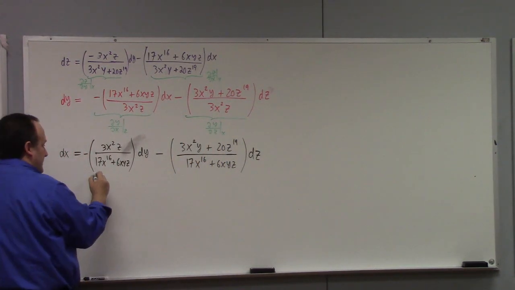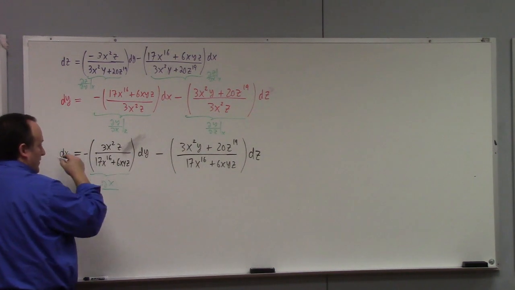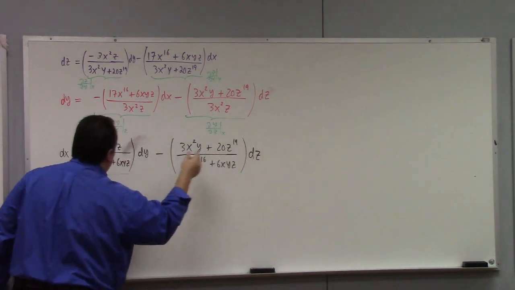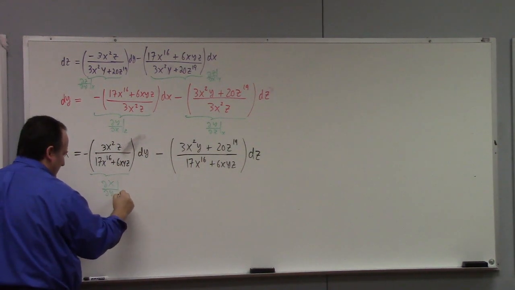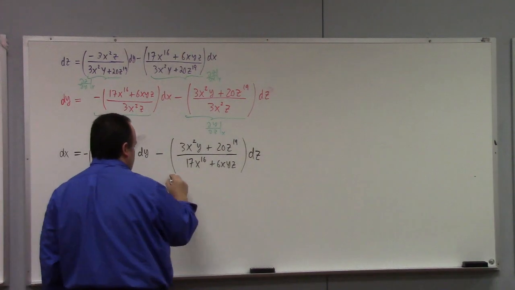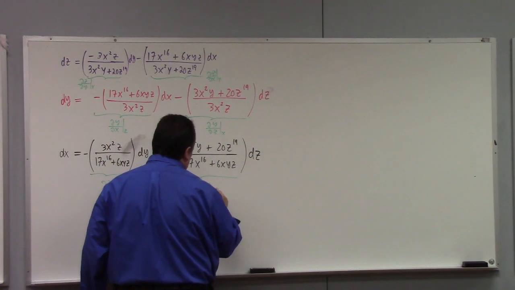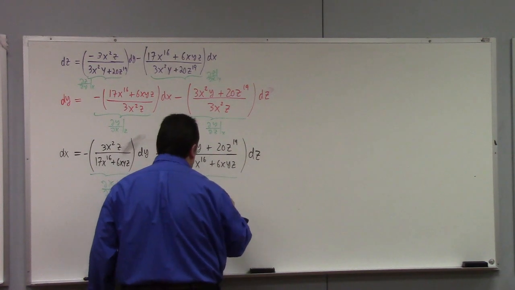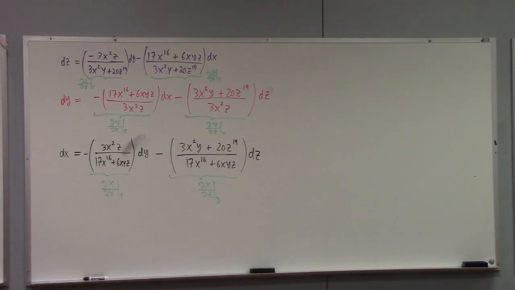And I think by now you know what this is. This is partial what? If we put this dz to be 0, we solve for dx dy. That's partial x, partial y, holding z fixed. And finally this one, partial x, partial z, holding y fixed. So in order to make sense of problem 55, you have to think about these kinds of partial derivatives. Does that make sense?